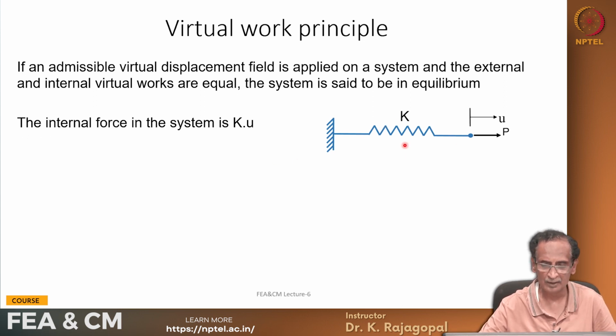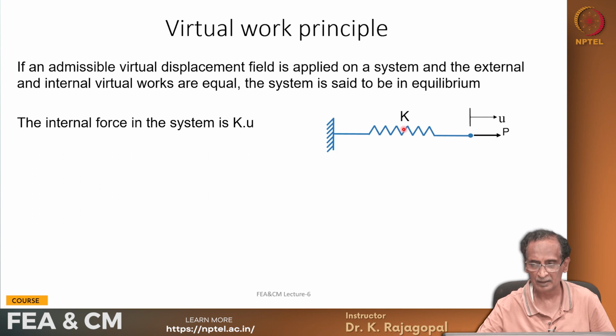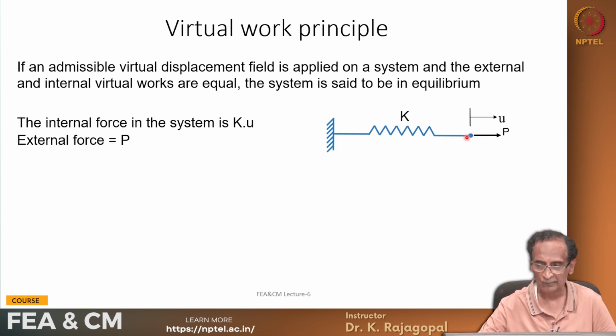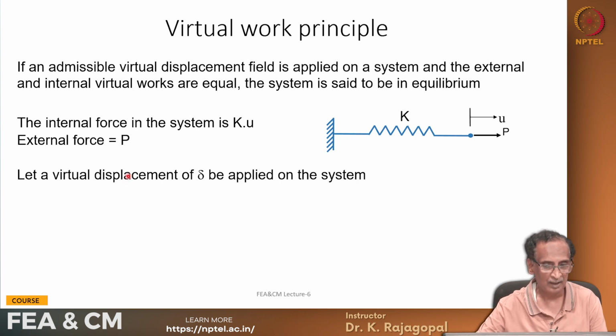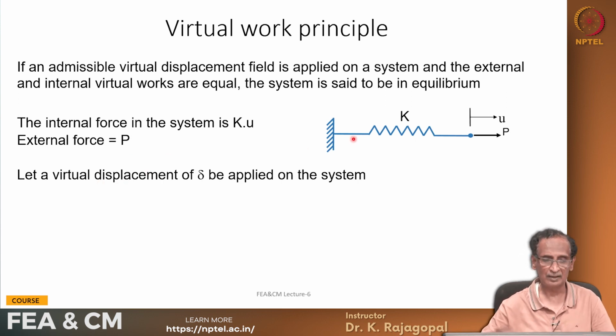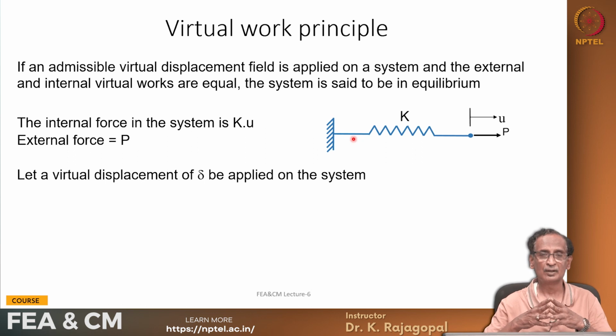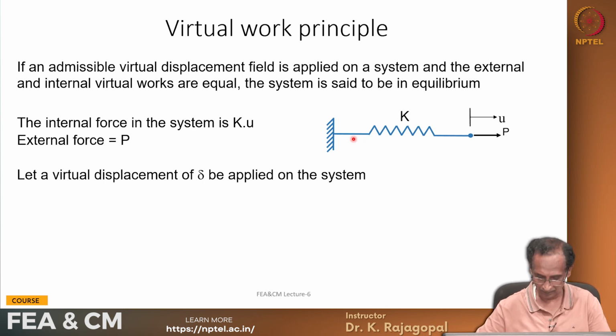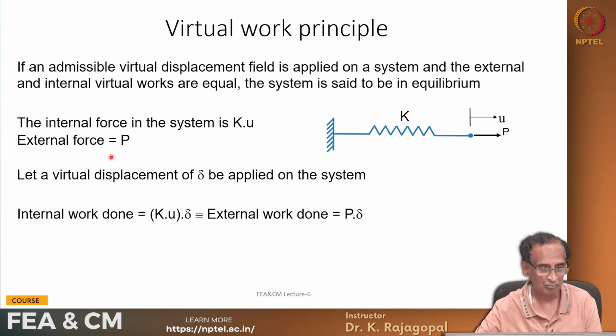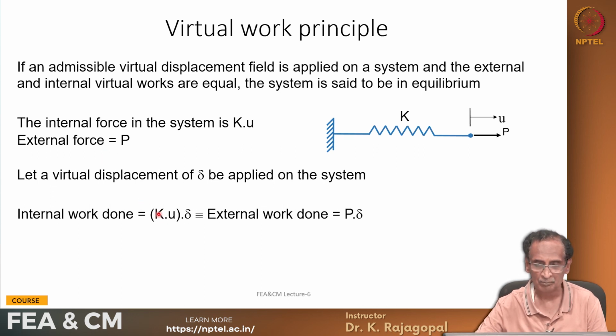The internal force within the spring is k times U, and the external force is P. The internal work done is the force in the spring multiplied by delta, that is kU times delta. That should be exactly equal to the external work done by the applied force, that is P times delta.